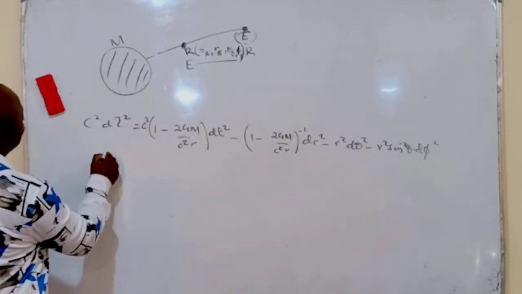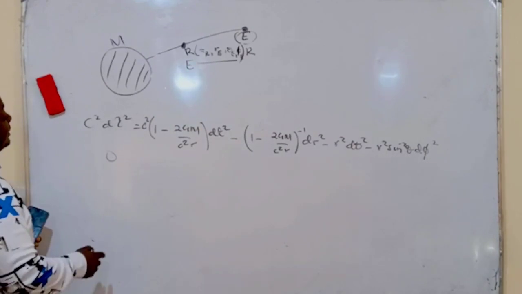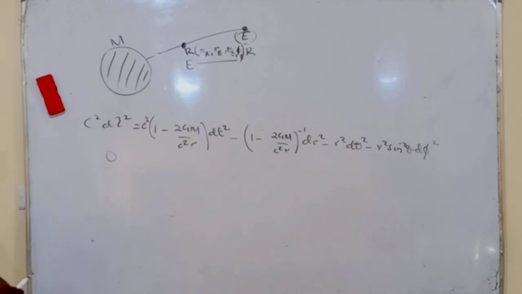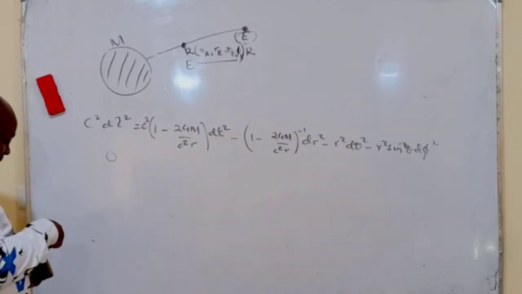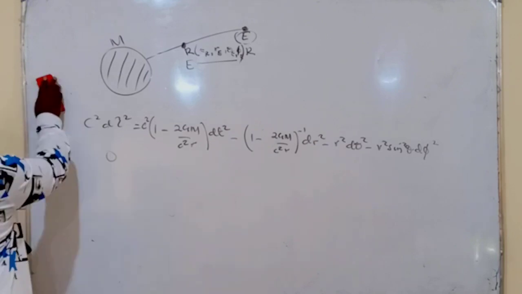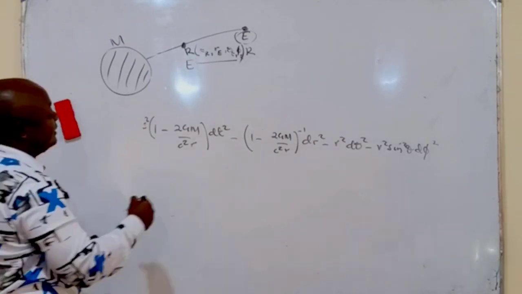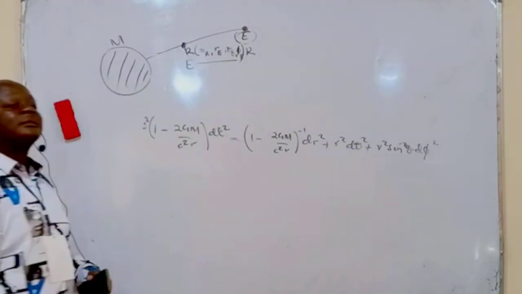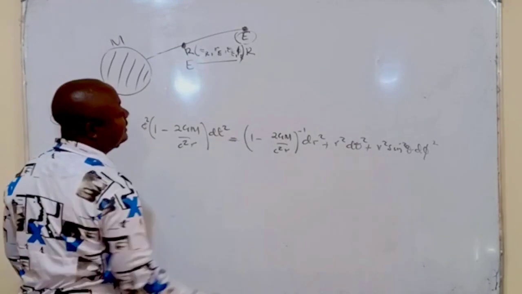So this will be 0. And if this is 0, I want to minimize my writing. Then what I'm saying is that this one is equal to this one.